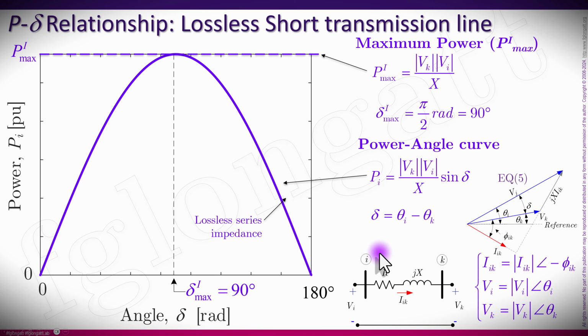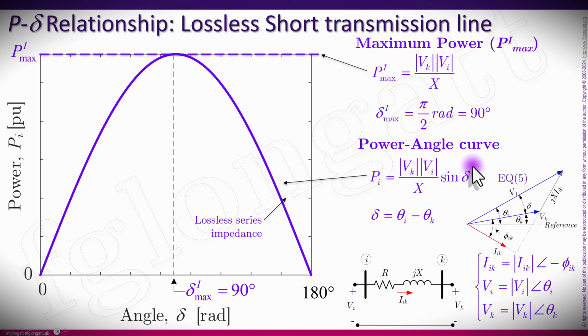So if this angle is increasing, you can see how the active power is increasing until reaching the maximum value. And if the angle is still increasing after that, the active power is reduced.